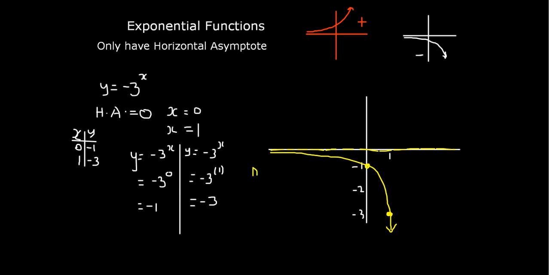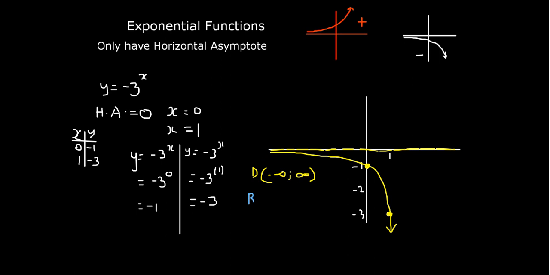The domain is always from negative infinity to positive infinity. In this case, for the range, where is the minimum value of y in this graph? One will say it starts from the horizontal asymptote, and that's wrong. This is the maximum value of y. The minimum value of y we don't know, because it starts from negative infinity.